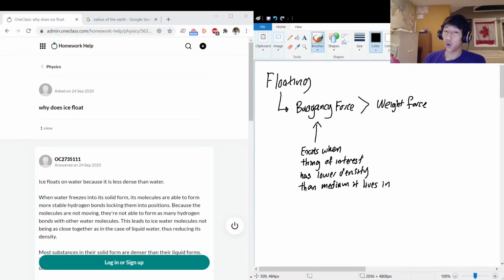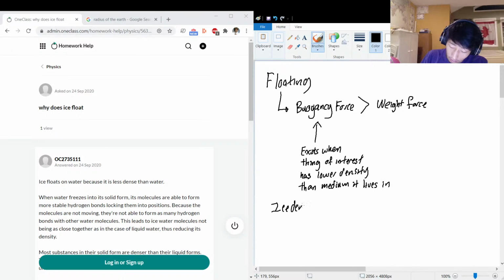Floating happens when the density of the item of interest, in this case, why does ice float? Ice would be our item of interest, and it floats, assuming in water. It might not float in other substances like oil or gasoline, but that's a whole other topic. Ice floating in water means that ice is less dense than water.